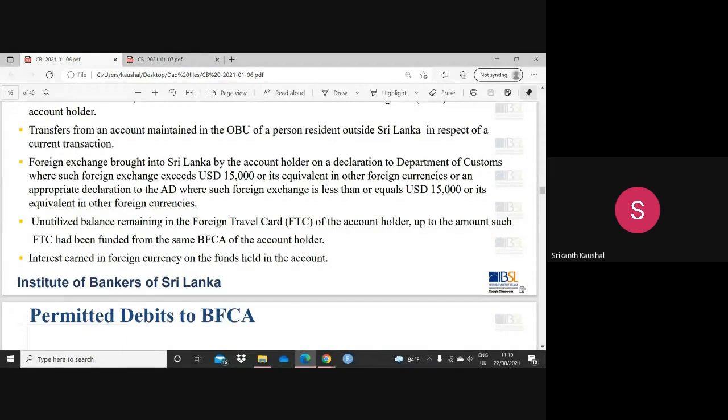Interest component on the deposit, whatever funds are lying in the account, that is the third credit. More than that, if you want to study, when you are bringing in foreign currency notes above $15,000 with a declaration, it could be deposited. That's 1 credit, or less than $15,000 with a declaration to the bank. Those are permitted credits.